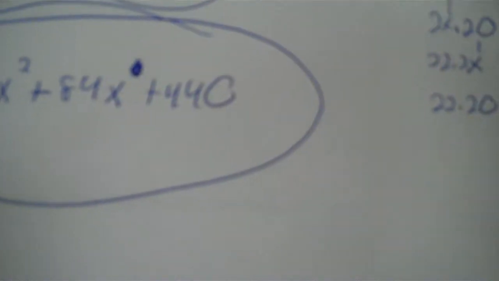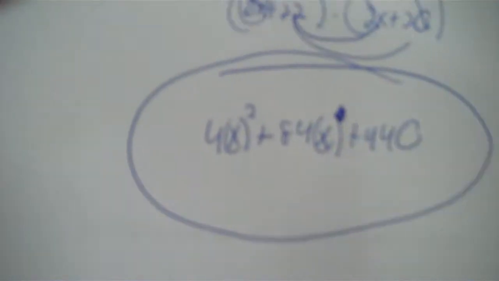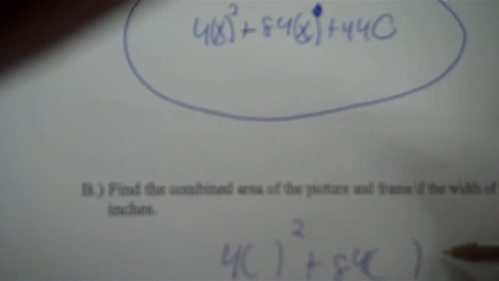Okay. Now, here's what we do on part B. Find the combined area of the picture and frame if the width of the frame is 4 inches. What that's telling me, you see all those x's up there? That means x is now equal to 4. So what I need to do is replace the x's with 4's. So I got 4 parentheses to the second plus 84 parentheses 4 plus 440. And I plug that into the calculator.